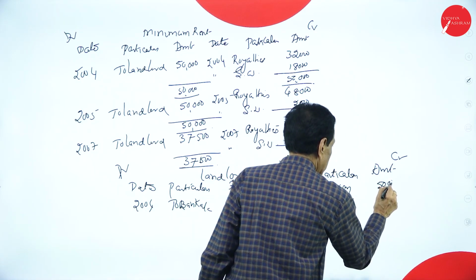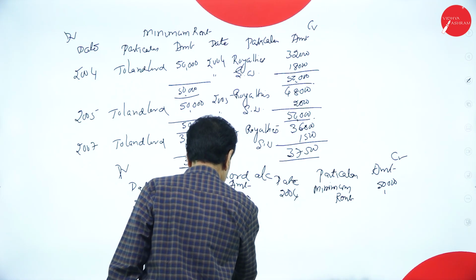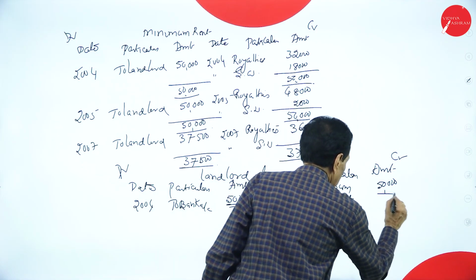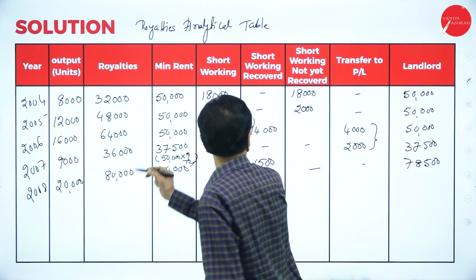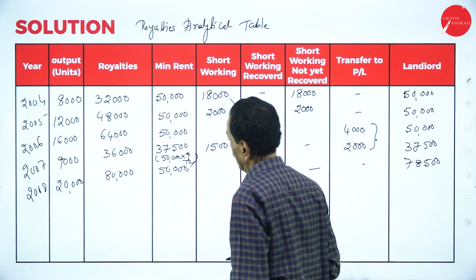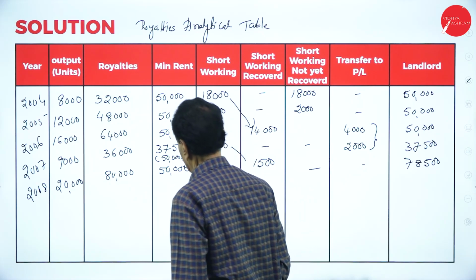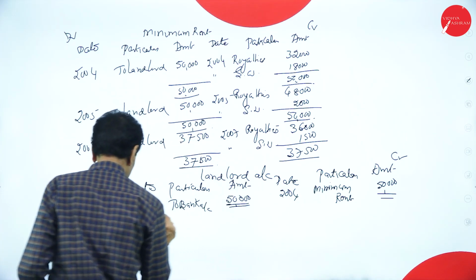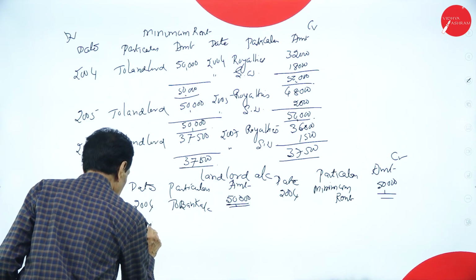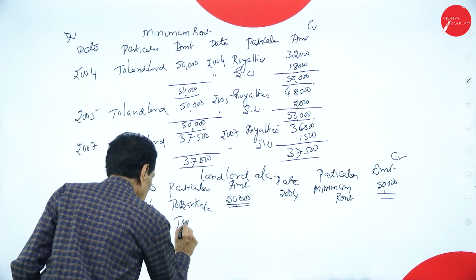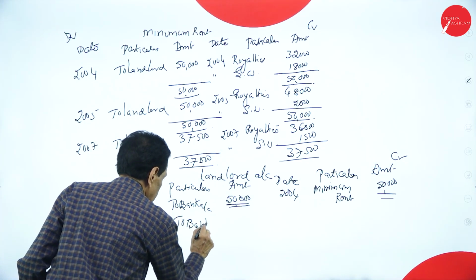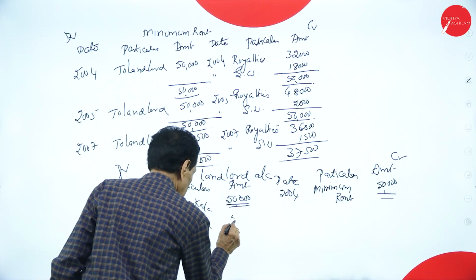We pay them minimum rent. 2005. What you pay is minimum rent. So we pay the minimum rent. How much is the royalty? 48,000. 2005, to bank account, 50,000.